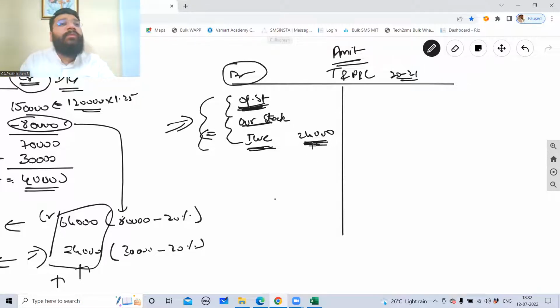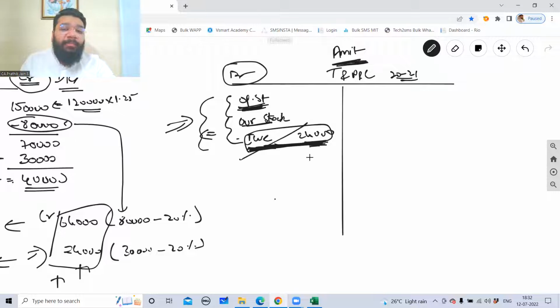Can you treat this as expenditure next year? Because the question very clearly says the goods have been returned by the customer back to Amit. Next year, the goods have been returned. So can I treat this inventory with customer as expenditure? What am I supposed to do?